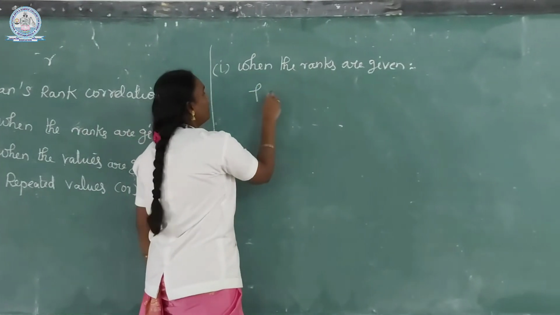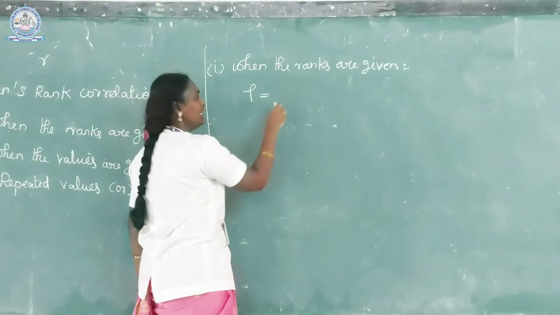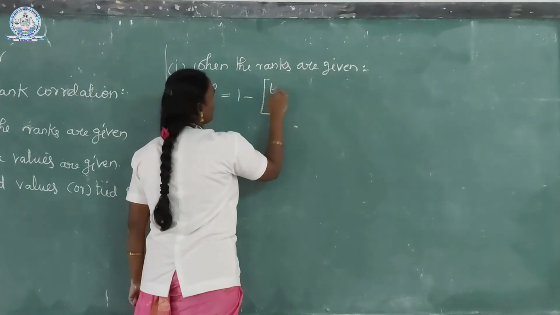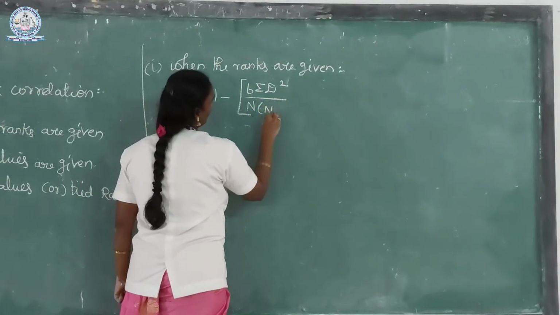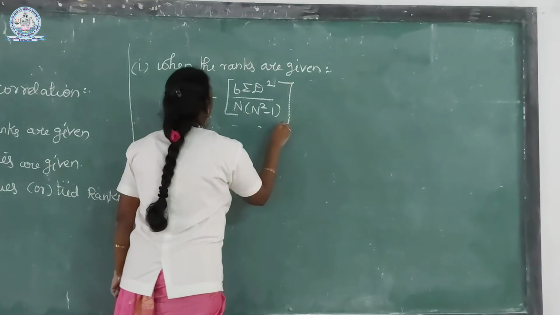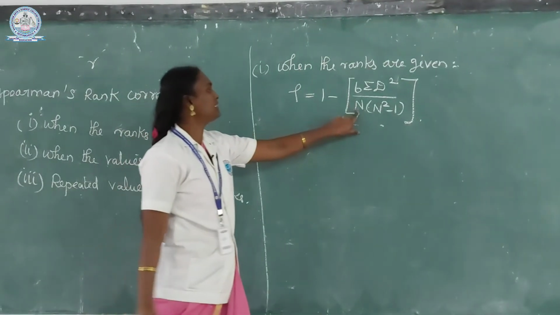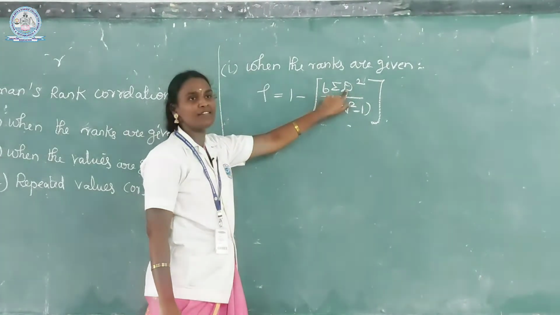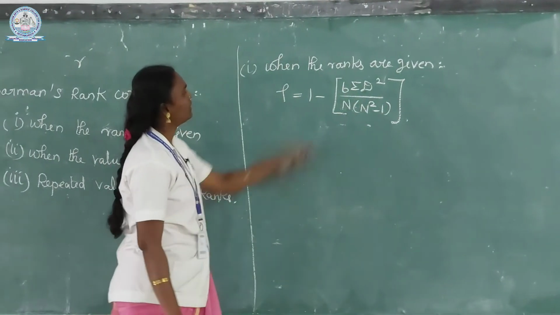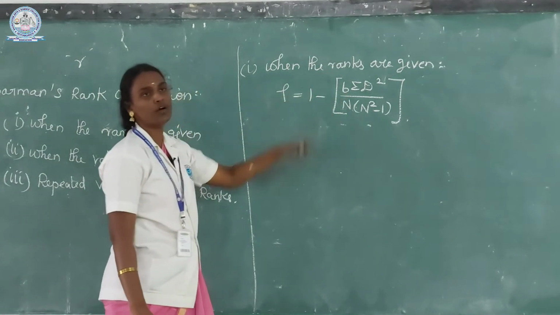The formula for the rank correlation coefficient is 1 minus 6 summation d square divided by n into n square minus 1. Here n is the number of observations and d is the difference between the two ranks. So find these values and get the value of rho.